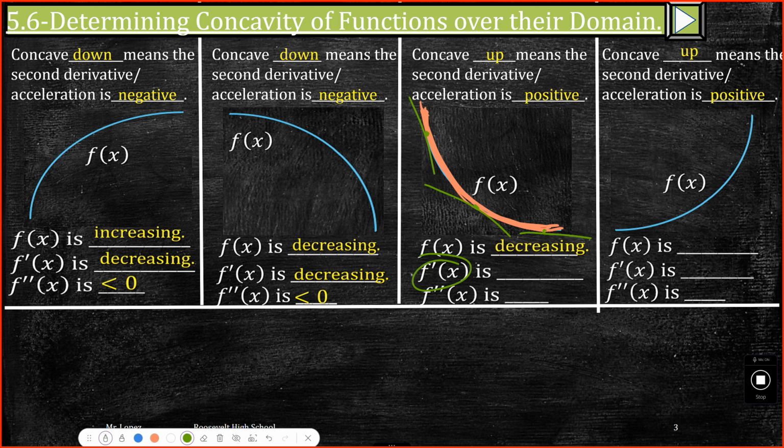Increasing. So whenever it turns like this, it's because the slopes are increasing. The slopes are negative, but they are increasing. So f prime of x is negative, but increasing.